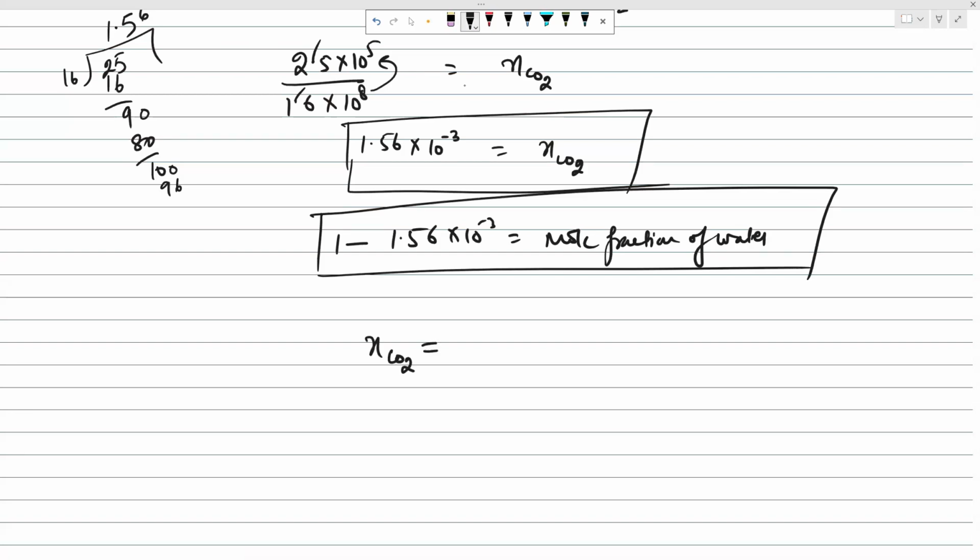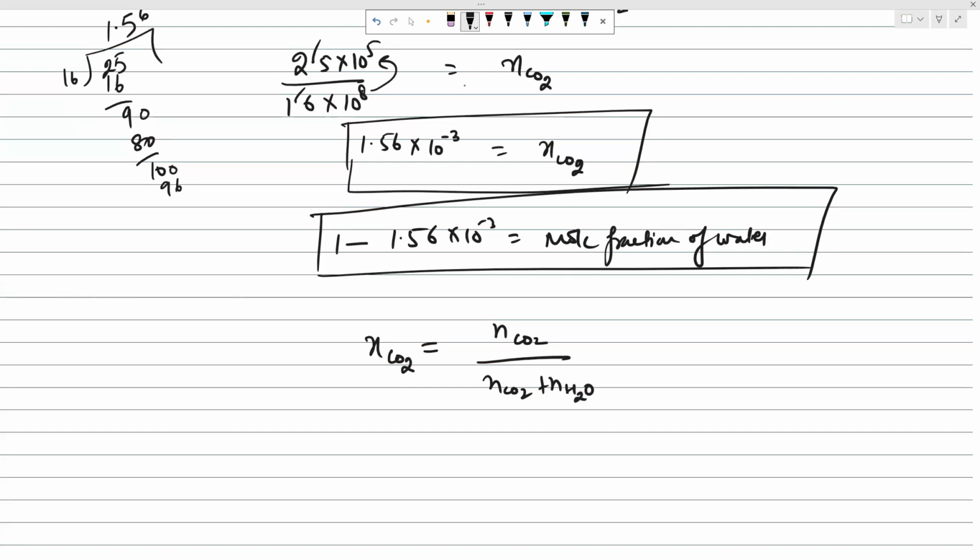The mole fraction of CO2 will be equal to what? The number of moles of CO2 upon the number of moles of CO2 plus the number of moles of water, H2O.